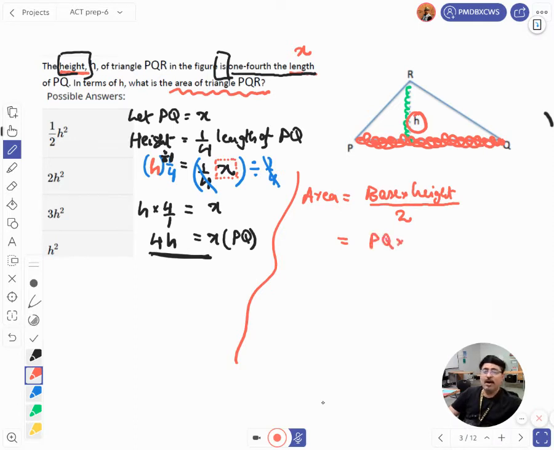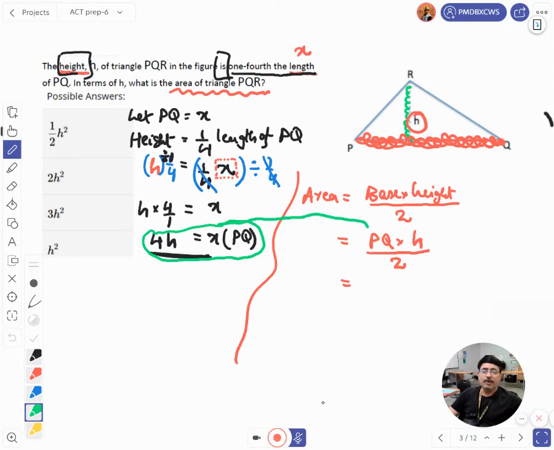It is R, whatever the letter may be. Maybe let me take this as h over 2. Now, please notice that the value of PQ, we found as 4h. Therefore, in the place of PQ, you plug in 4h.